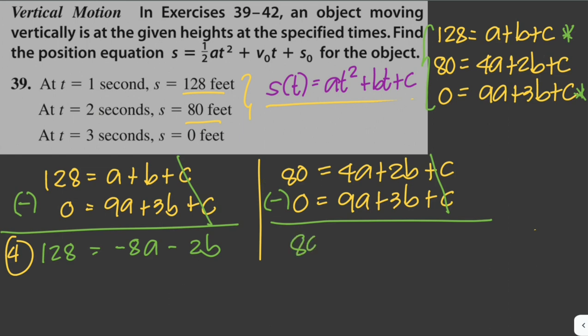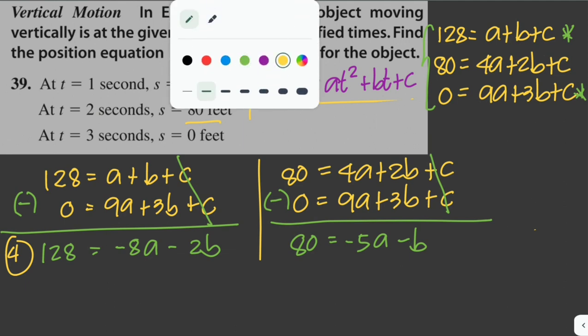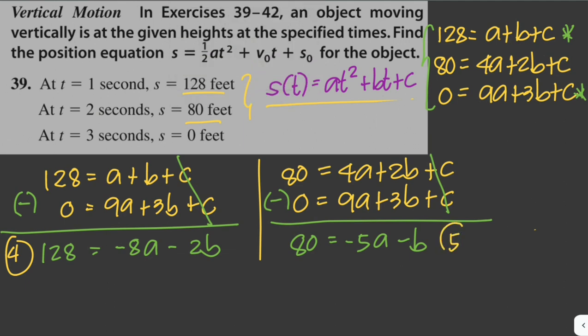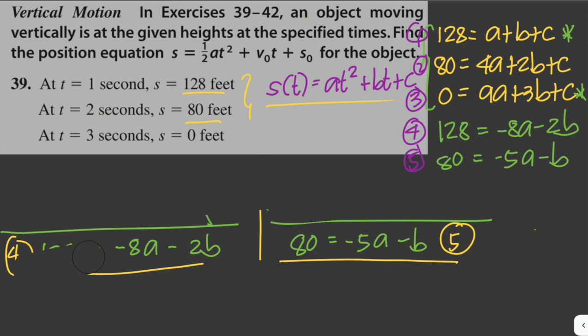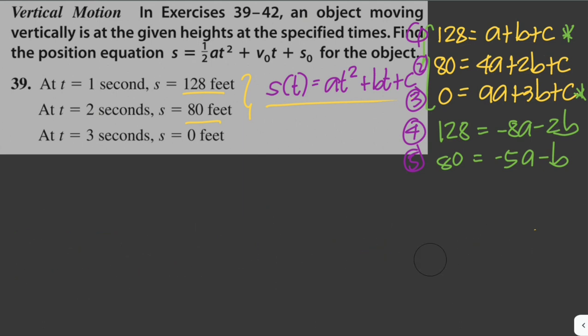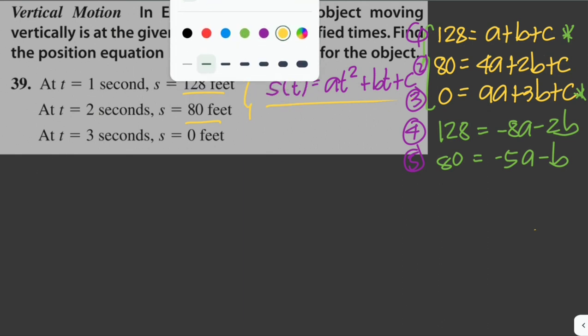And we have 80 equals negative 5a minus b. So now we have the fifth equation. Now we can solve these two equations to solve for either a or b. So those are our equations, and then we can solve equations 4 and 5.